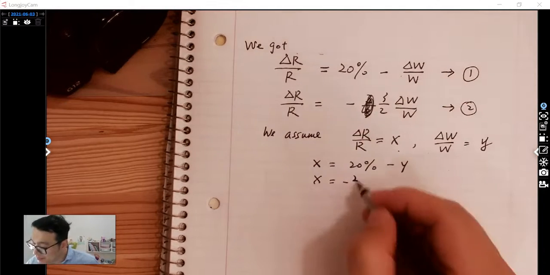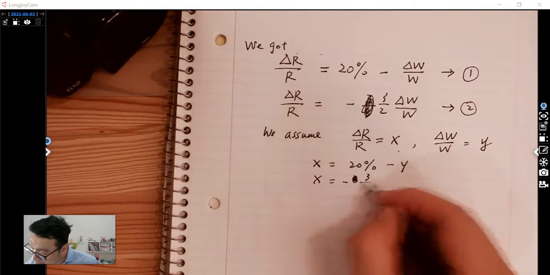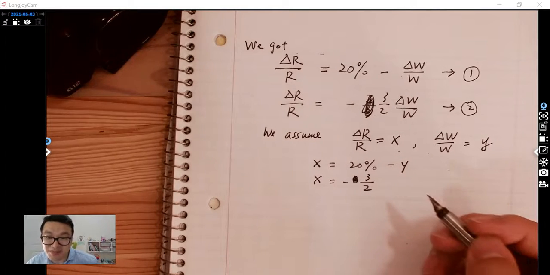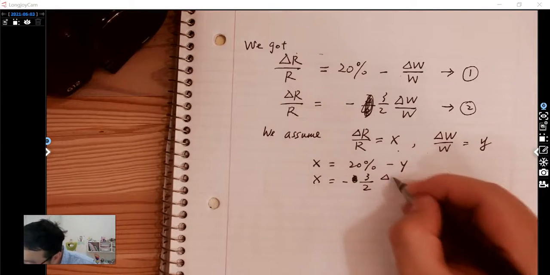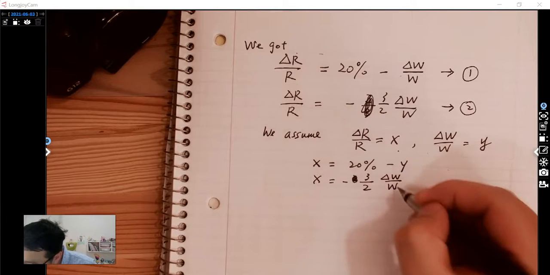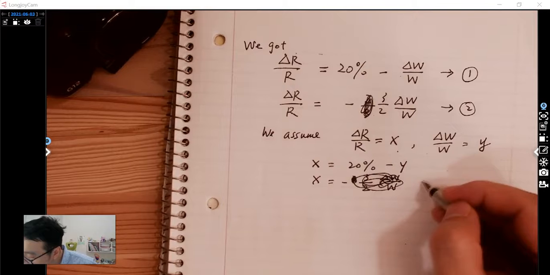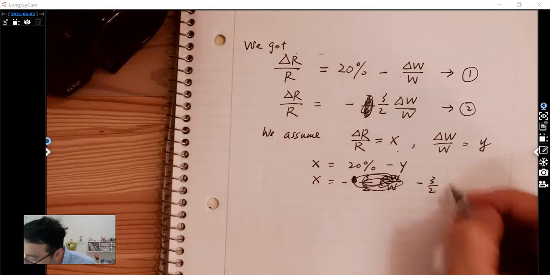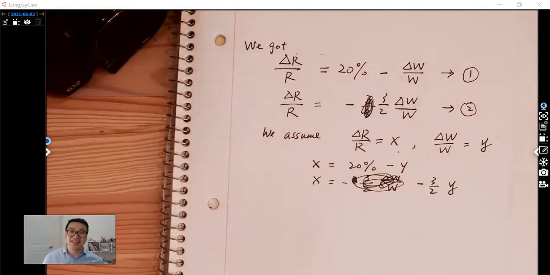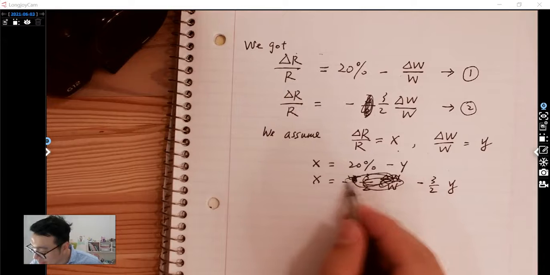Otherwise, it's going to be a very weird result. I found the mistake. 3/2 delta W over W. Oh, sorry. So it equals negative 3/2 Y. So we already changed everything. 3/2 Y. Sorry about that.